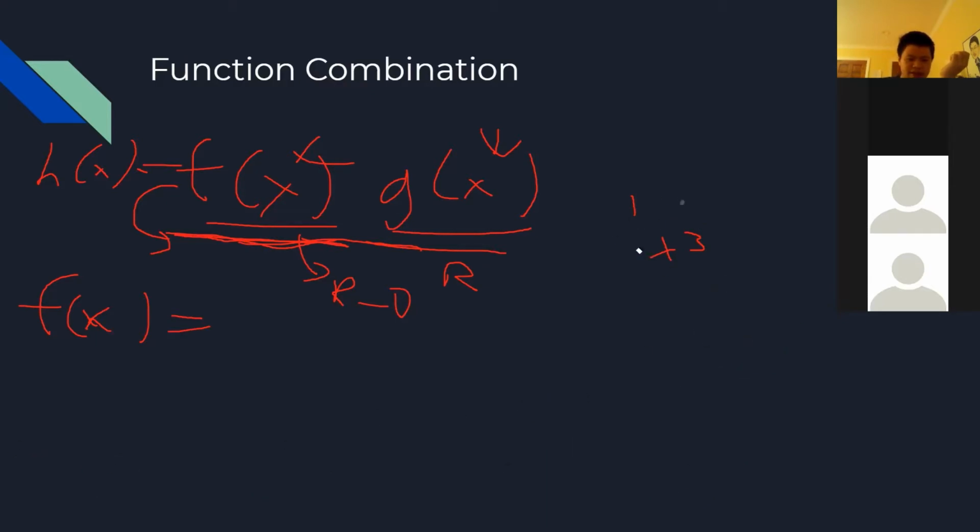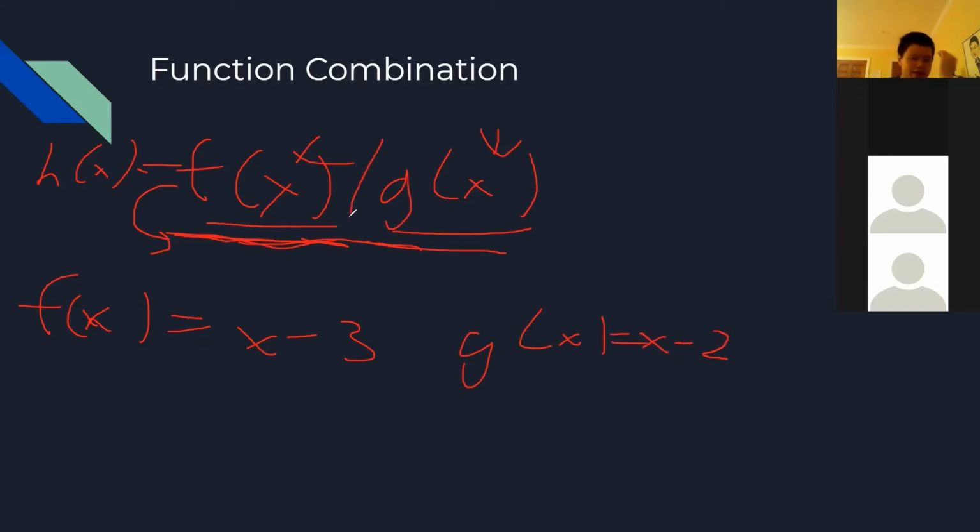Just as a side note, if you're dividing them, so let's say f(x) is x minus 3, g(x) is x minus 2. If we had a division, h(x) equals (x minus 3) over (x minus 2), obviously the input can't be 2 because, well, it's on the denominator.